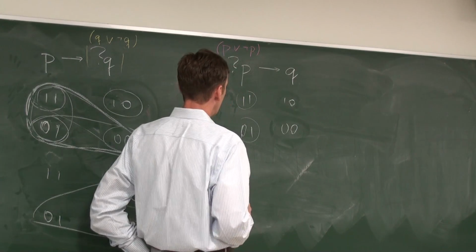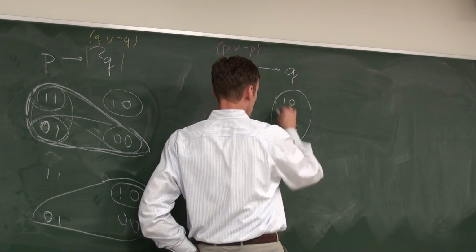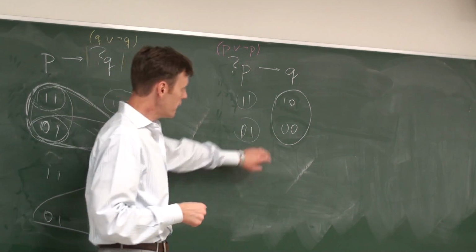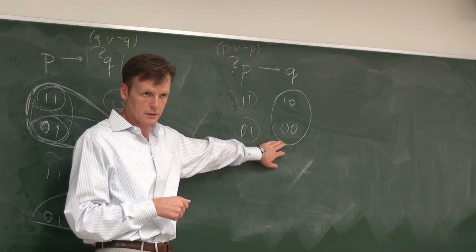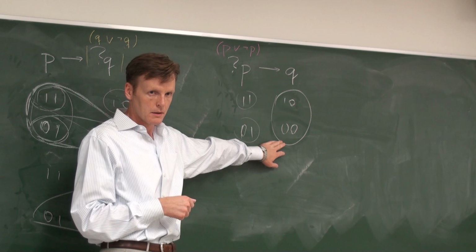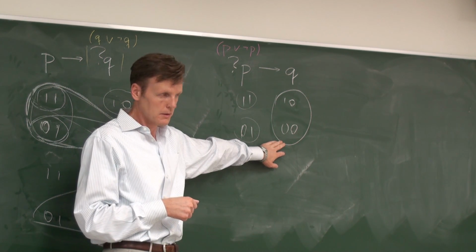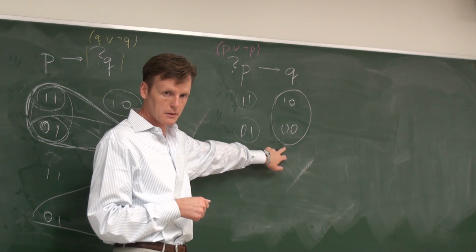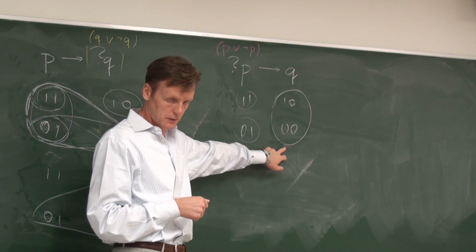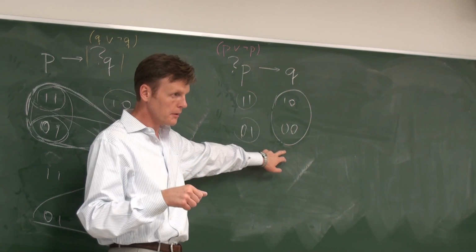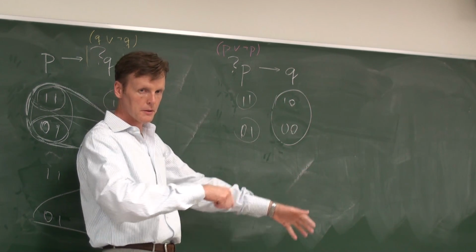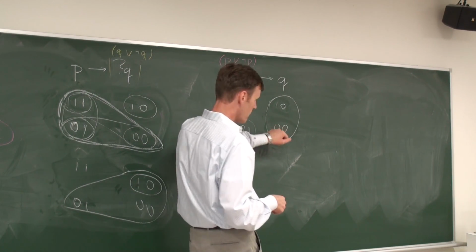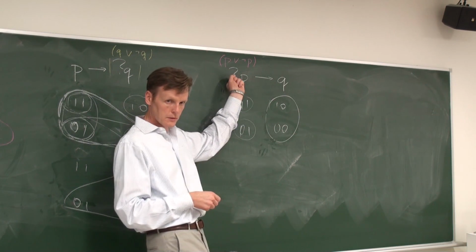Now, okay, well, but for example, this one is okay as well, because it doesn't support P or not P, right? P is true here and false there. The sentence doesn't support P or not P, because it has to support either P or it has to support not P. It doesn't support P or not P, therefore it supports this sentence.